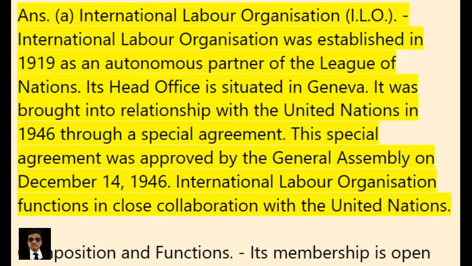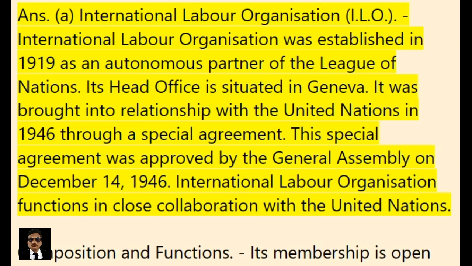International Labour Organization was established in 1919 as an autonomous partner of the League of Nations. Its head office is situated in Geneva. It was brought into relationship with the United Nations in 1946 through a special agreement. This special agreement was approved by the General Assembly on 14 December 1946.